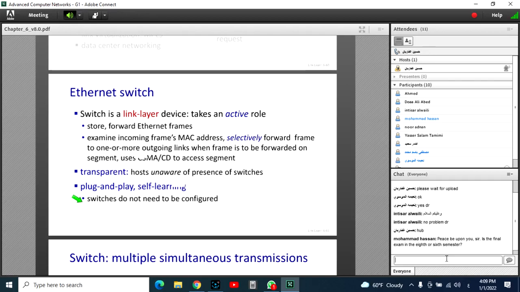And if you are using a manageable switch, it has some managing capabilities. If you decide to use those capabilities, you can configure your switch.